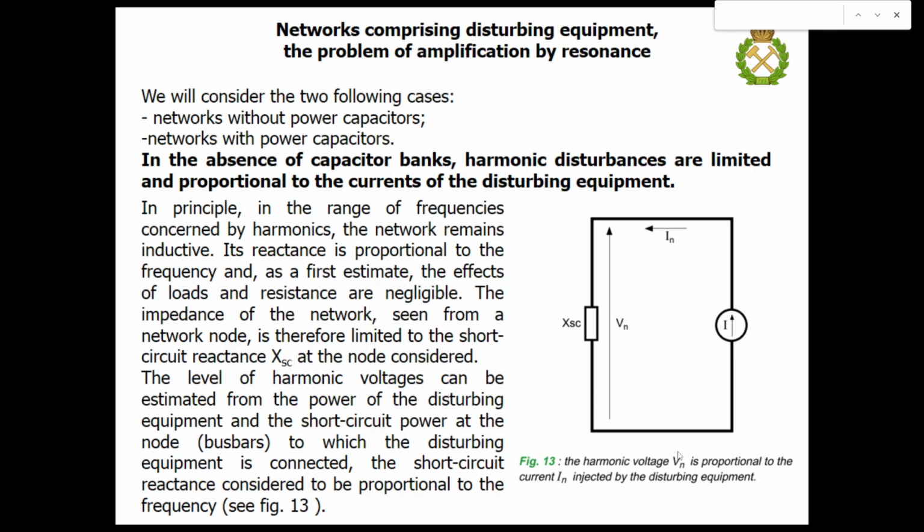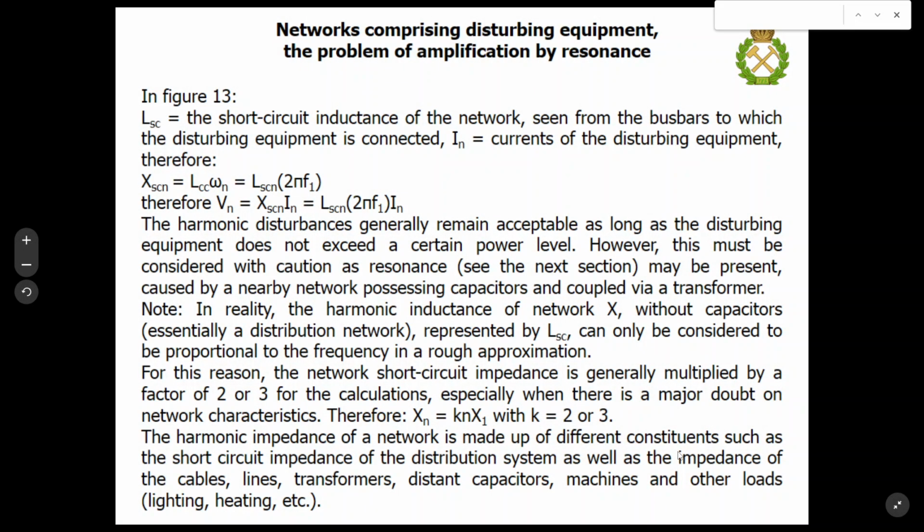It's one of the main factors which influence the harmonics presence in our power supply systems. And also, when we're talking about harmonics, we should take into account resonance conditions.